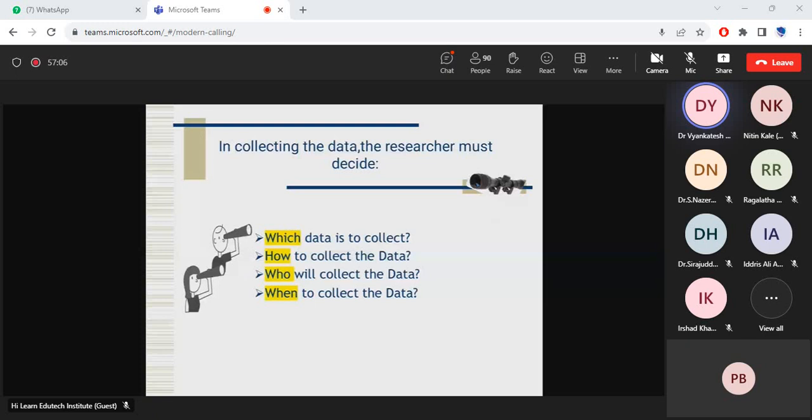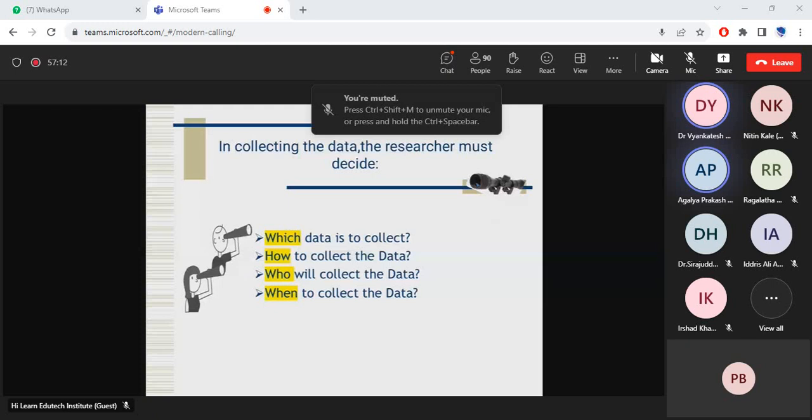How, which, who, and when. These four factors are most important, and the researcher must decide them for that particular title or area of research.